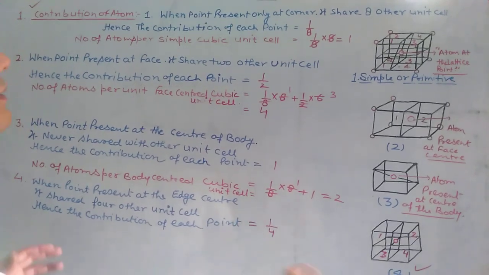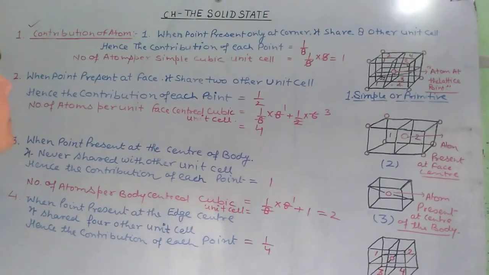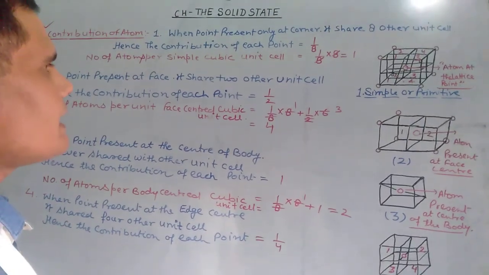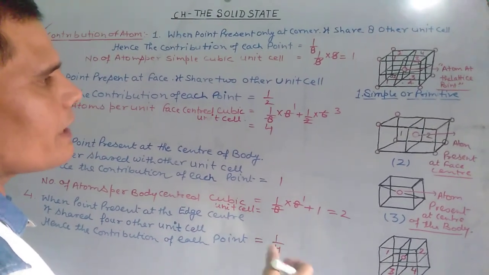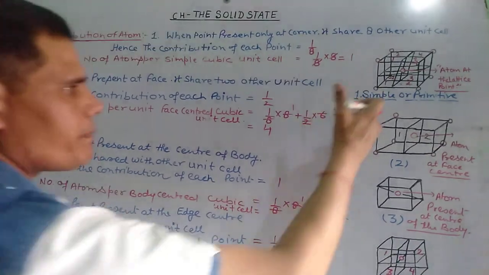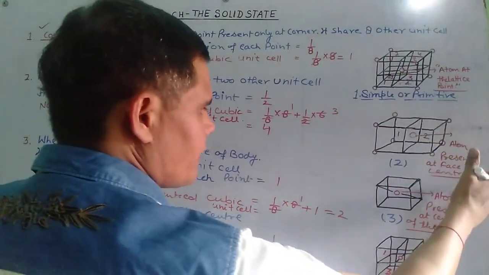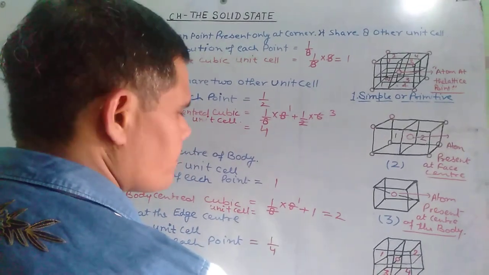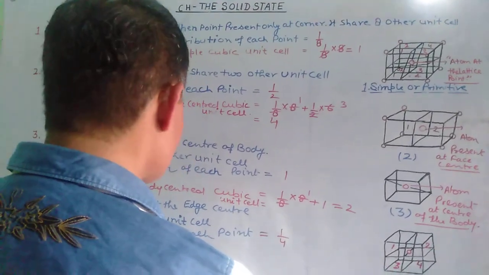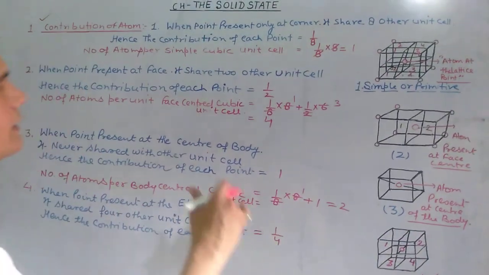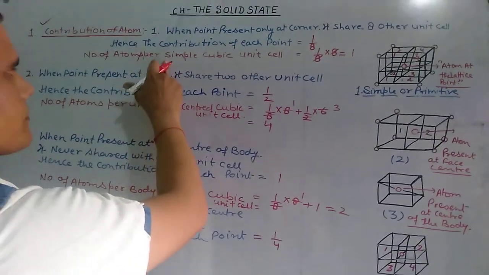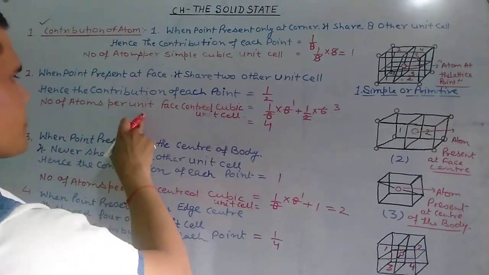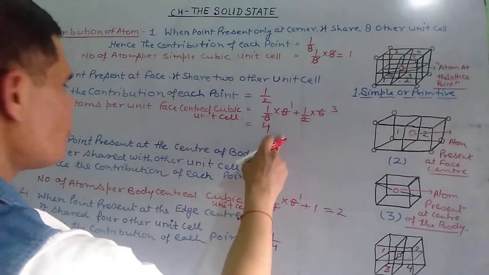These are the total number of atoms present per cubic unit cell in different types of unit cells, meaning simple, face centered, body centered, and when the point is present at the edge. The total number of atoms in a simple cubic unit cell is 1. Number of atoms per unit cell in FCC is 4.